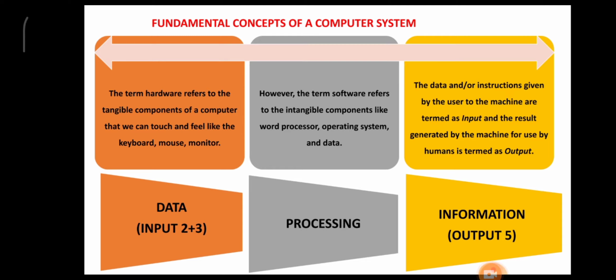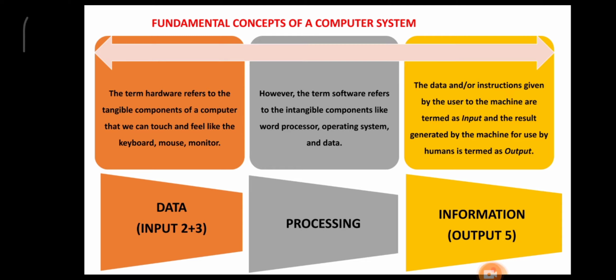So anything that you cannot touch or feel but you can still work on is called software. Example, word processor, Excel, PowerPoint, and even music: you cannot touch and feel it but you can hear it. So that will also come under software, operating system and data.